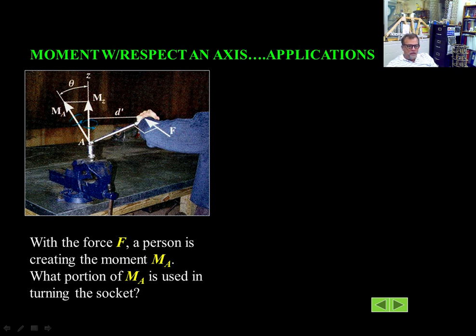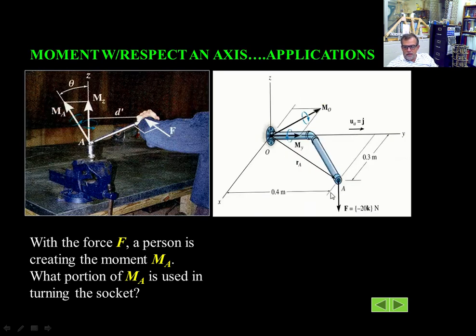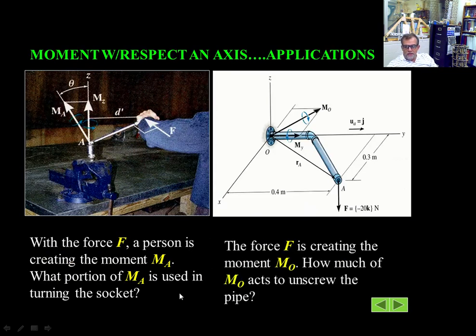Of course, if I apply this here and I generate the moment here, the moment that is making this turn is actually that component here, and that component follows that axis. What portion of that moment acts in that direction? How much of that moment is used for unscrewing that part? That's several ways of saying the same thing.